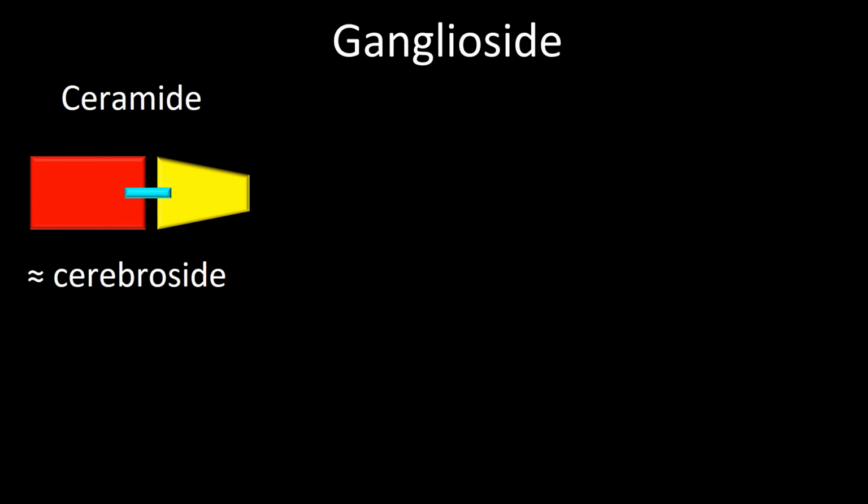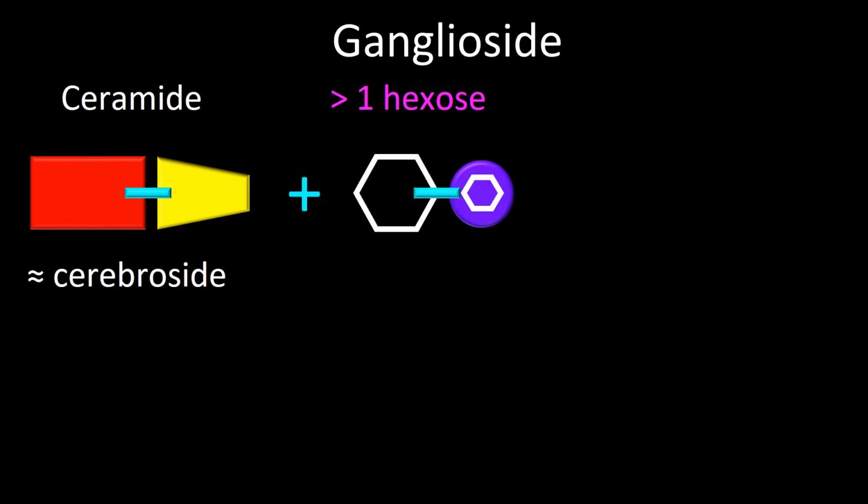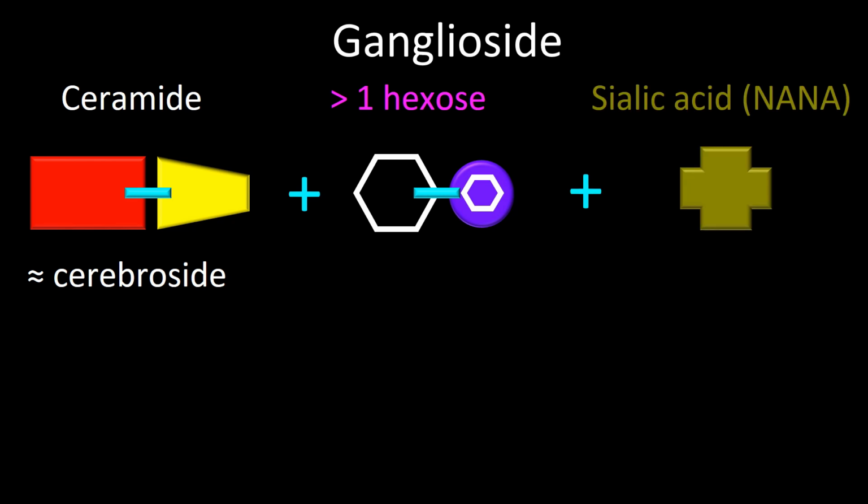In addition to this material, gangliosides have more than one hexose, as presented here by two hexoses, and at least one sialic acid or NANA. NANA stands for a very complicated word that none of us use, hence we will just label it as such.